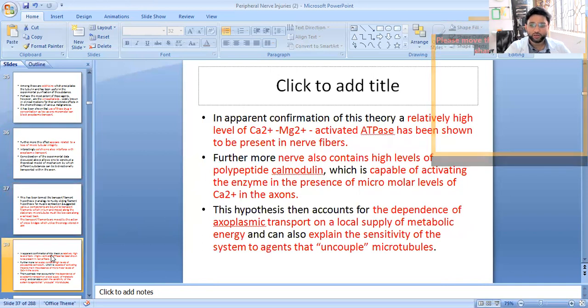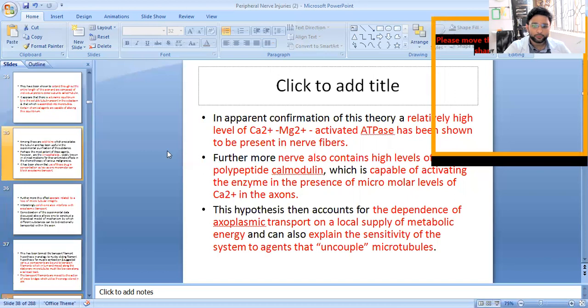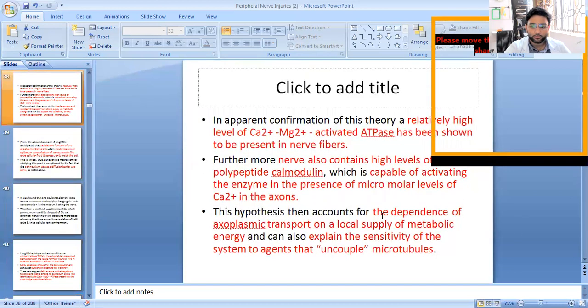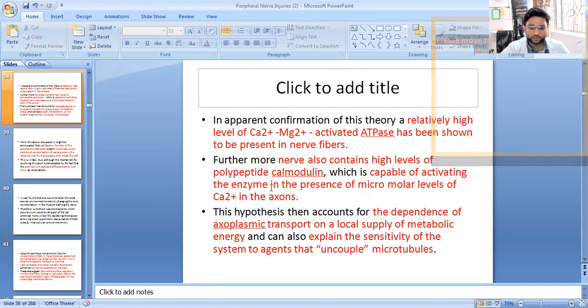In apparent confirmation of this theory, a relatively high level of calcium and magnesium activated ATPase has been shown to be present in nerve fibers. Furthermore, nerve also contains a high level of the polypeptide calmodulin, which is capable of activating the enzyme in the presence of micromolar levels of calcium in the axons.